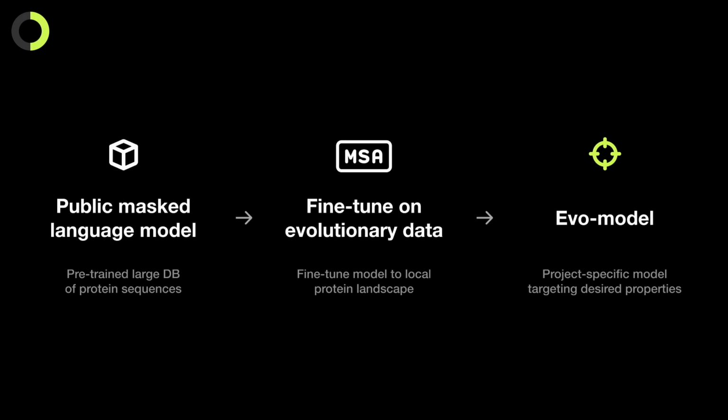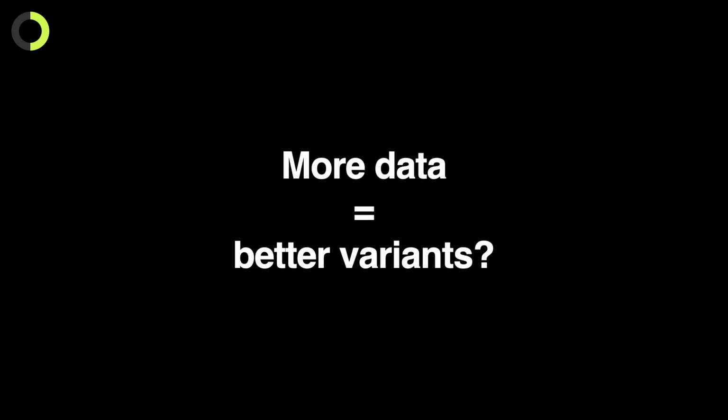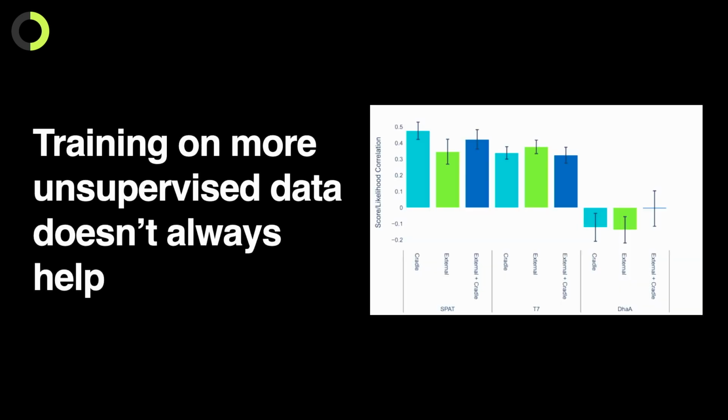Now we have a great unsupervised trained model, and if we put in more data, we can make it even better. We actually saw that unsupervised training at some point kind of converges in its performance. So what you can see here is 3 examples of actual proteins where we tried different subsets of unsupervised training sets.